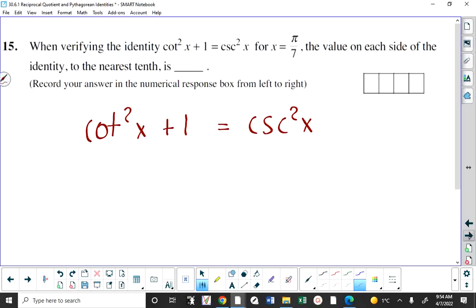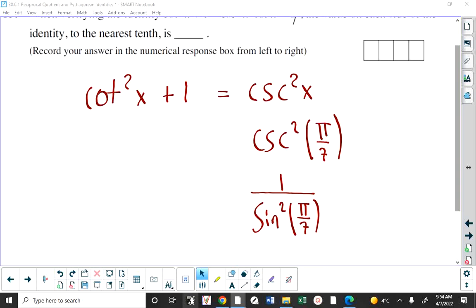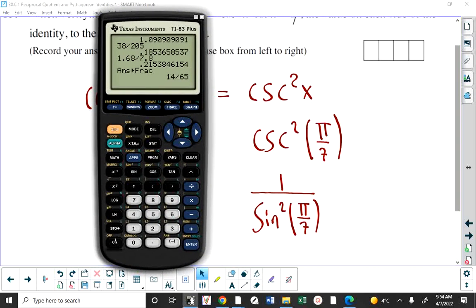So I need to figure out what cosecant squared of pi over 7 is. Well, what does that mean? It means 1 over sine squared of pi over 7. So I'm in radians. Pi over 7 is an angular measure in radians. Better make sure I'm in radians, and I am. So I need to take 1 divided by sine squared of pi over 7, and this is how we write it.